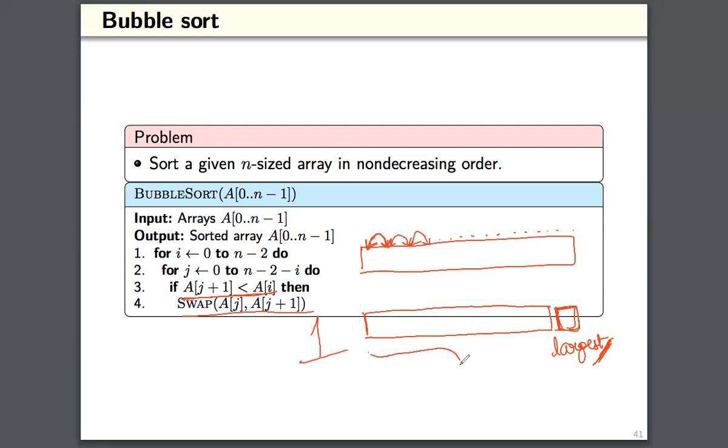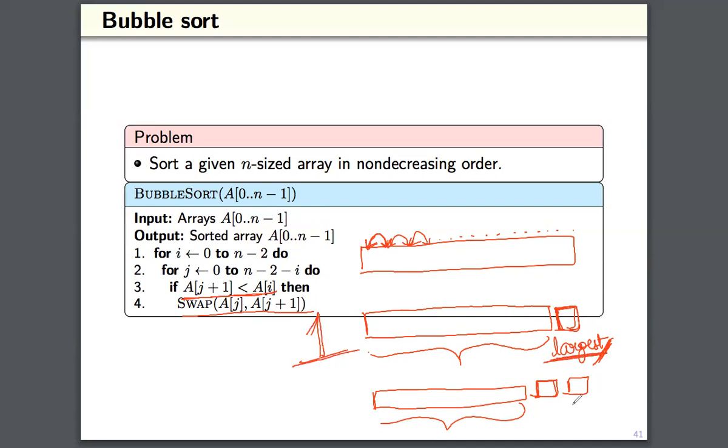Now you have the remaining array. Repeat this process. When you repeat this process, the second largest element will occupy its correct position, and you recursively solve the other subproblems like this. After iteration 1, the largest will be in its correct position.